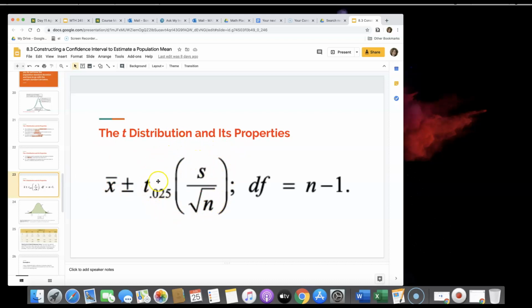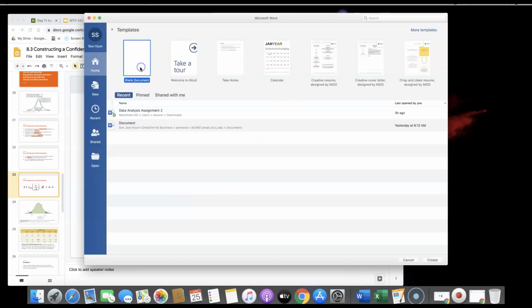And the margin of error goes as the critical t-score, t-value, multiplied by the standard error, s divided by square root of n. And we should be able to find what this number is. We were given what sample standard deviation is, and we know what the sample size is. So we're just going to do this. We're multiplying this number by a quotient of these two. So let me go ahead and open up my Word doc so that we can start typing in what we have, okay?